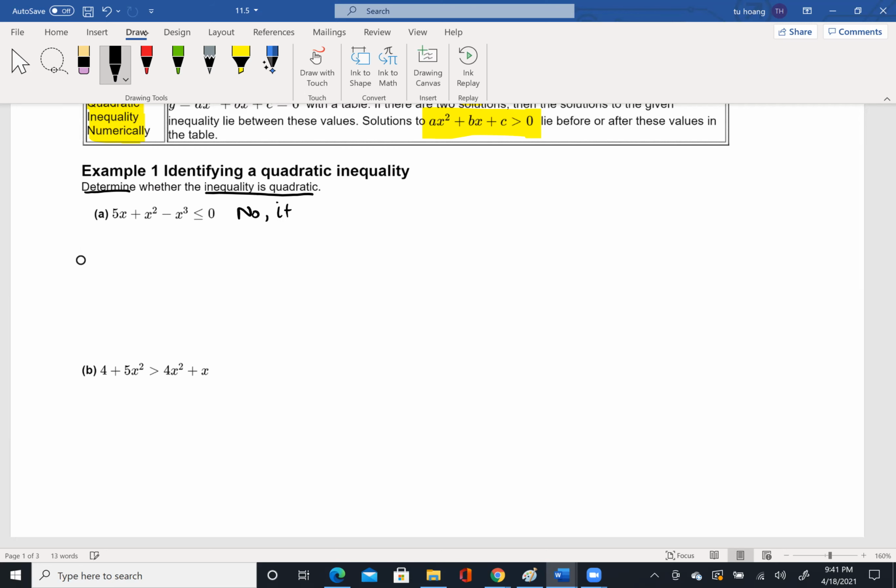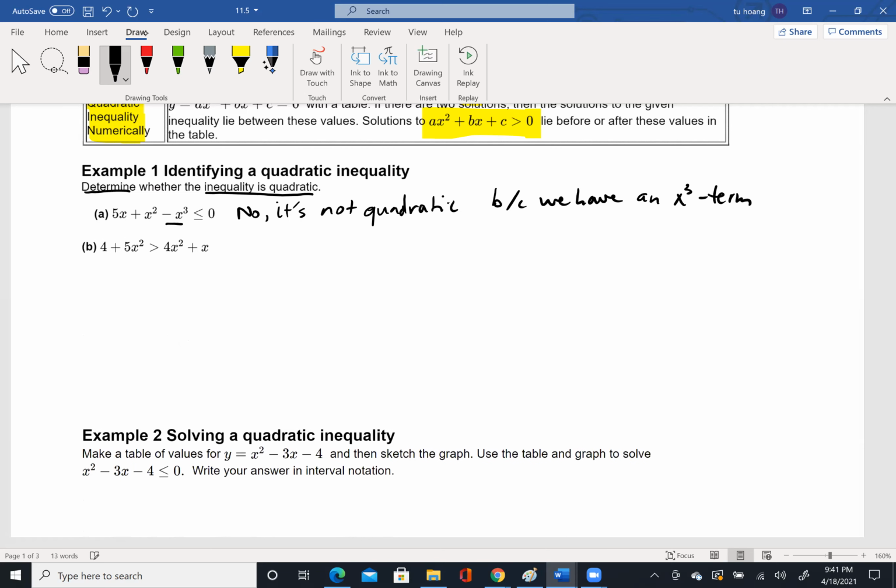It is not quadratic because we have an x cubed term. You see the x cubed over here. Since we have an x cubed, this is not a quadratic anymore. Okay, so we're gonna just move on to the next one.